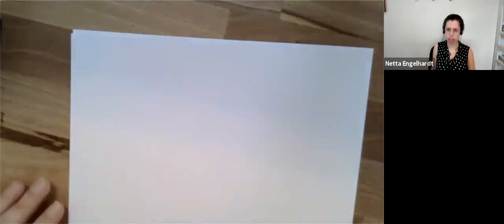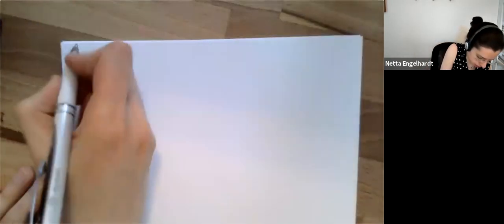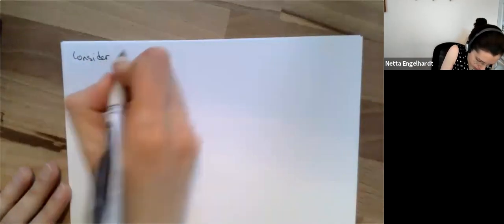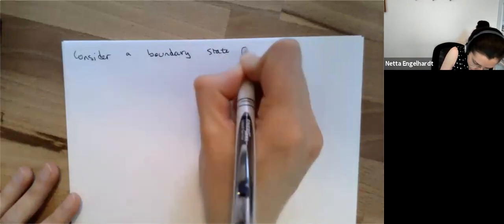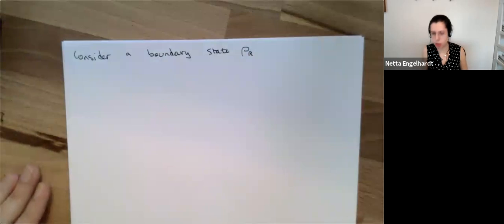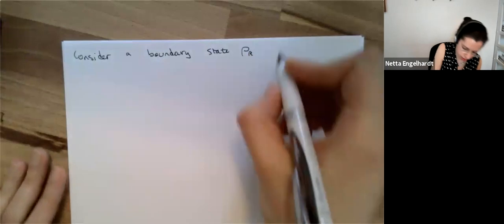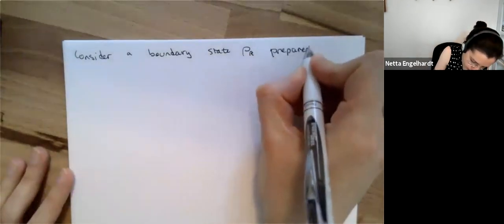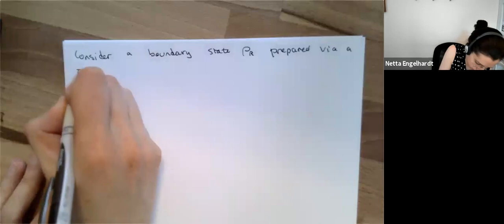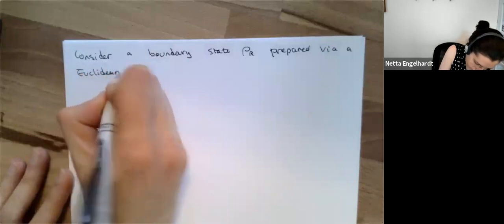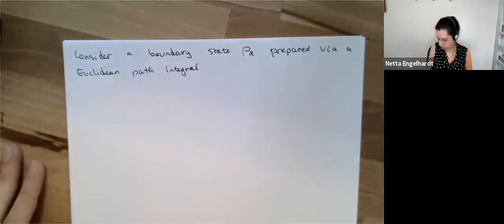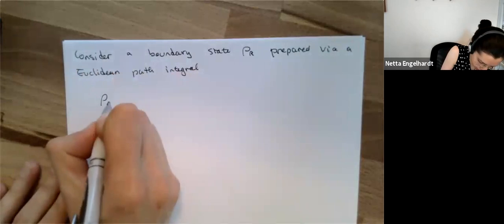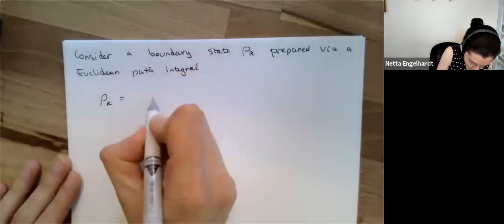Let's consider a boundary state, rho_R. We're going to consider states that are prepared by a Euclidean path integral. We can represent it pictorially as something that looks like this.